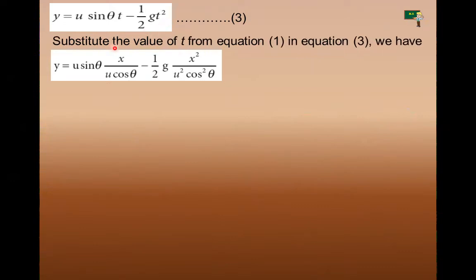We can substitute the value of t from equation number 1 in equation number 3, which we received here. We have y equals u sin theta times x by u cos theta minus 1 by 2 g into x square by u square cos square theta.